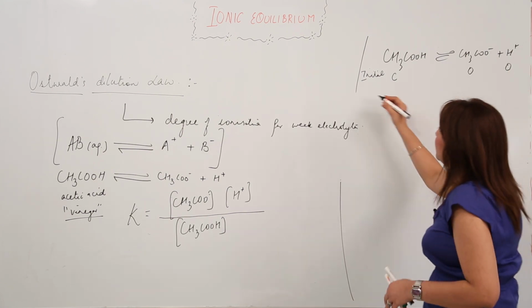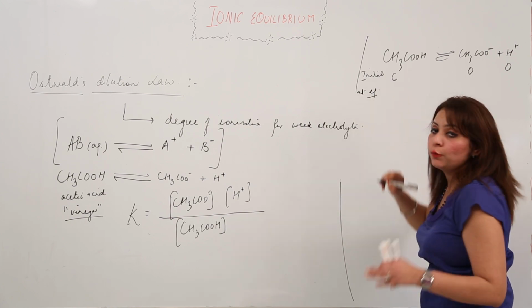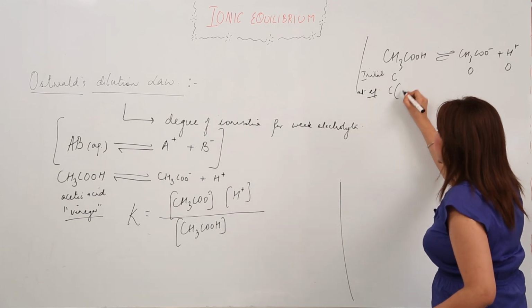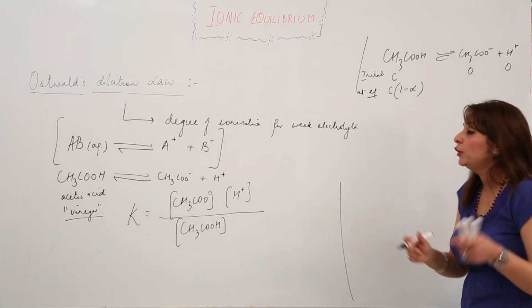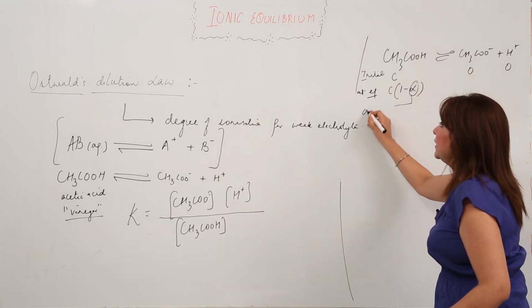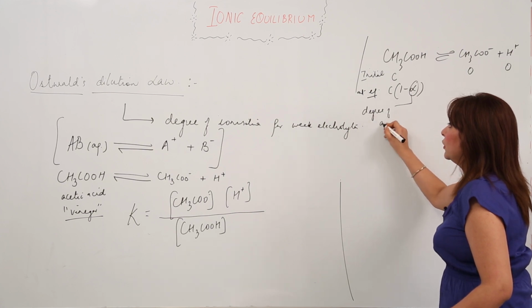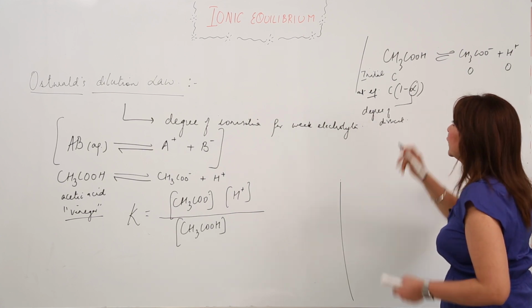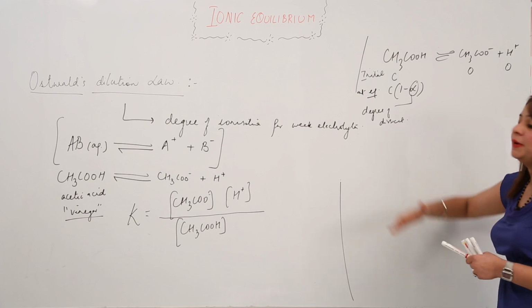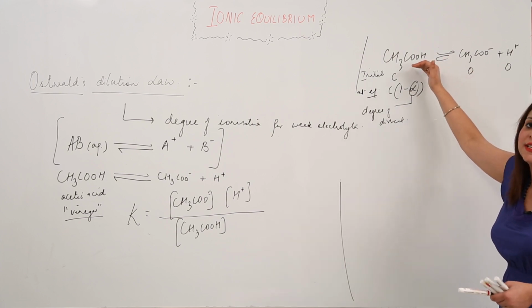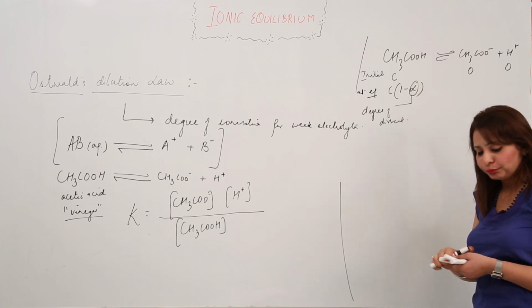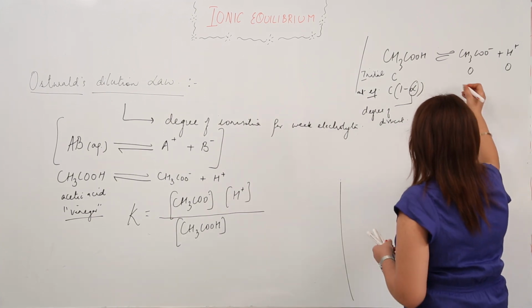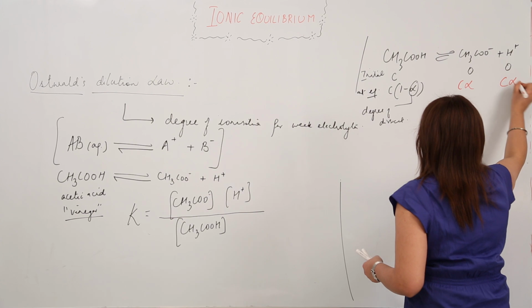But at equilibrium, when it gets dissociated, the concentration left for acetic acid is C(1 minus alpha). You know that alpha is the degree of dissociation. So at equilibrium, the concentration for acetic acid is C(1 minus alpha), and for acetate ion and hydrogen ion it is C alpha and C alpha.